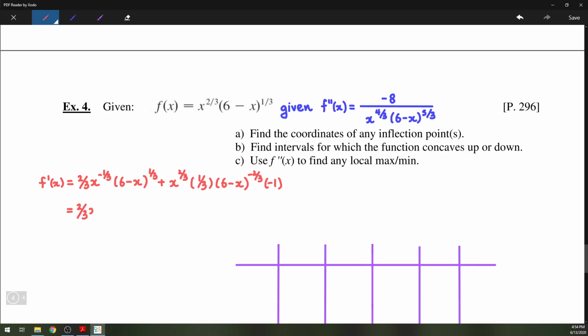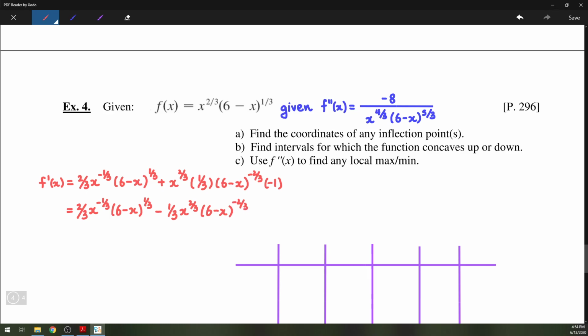So we still have 2/3 x to the negative 1/3, and then 6 minus x to the 1/3 power. And then we're going to combine some of what we have in the second part of the derivative. So we have negative 1/3 x to the 2/3, and then 6 minus x to the negative 2/3 here.